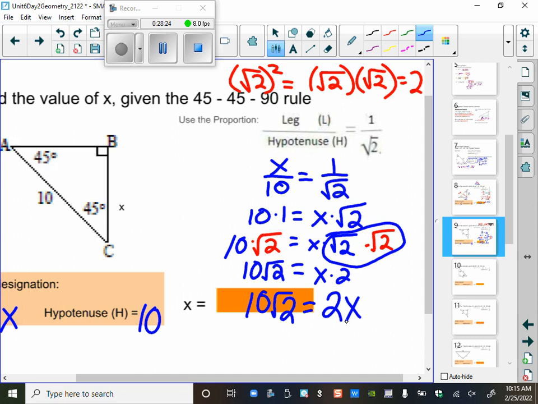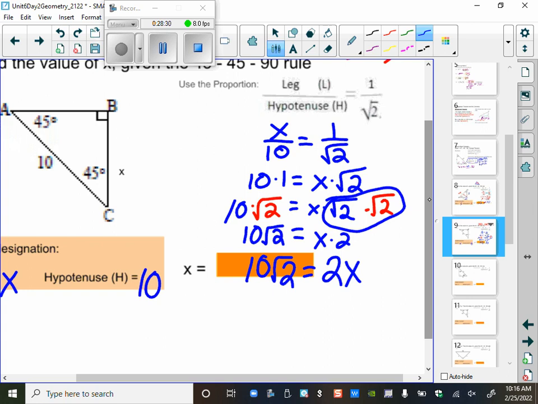But are we finished with this problem? Divide by 2. You got to divide by 2. That's your last step. Now, we do have the x by itself. Now, the square root of 2, we can't do anything with it.